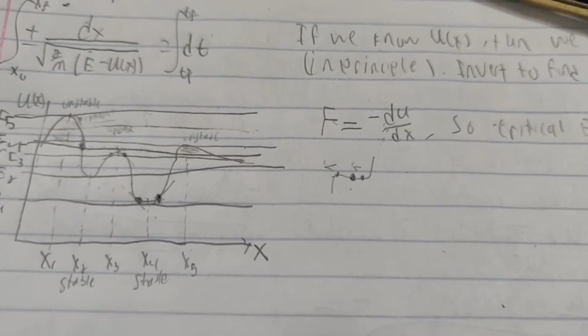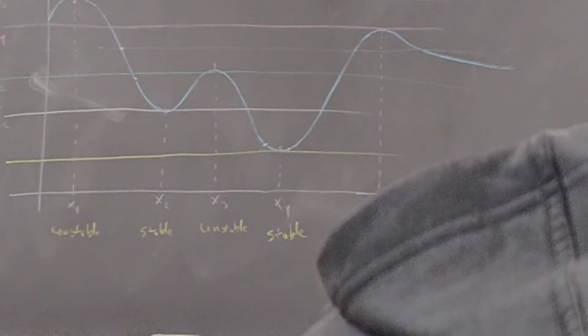So this is energy 1, this is energy 2, energy 3, energy 4, and energy 5. And let's classify the motion according to what happens for values of total mechanical energy that are in between these sort of what seem like critical values.